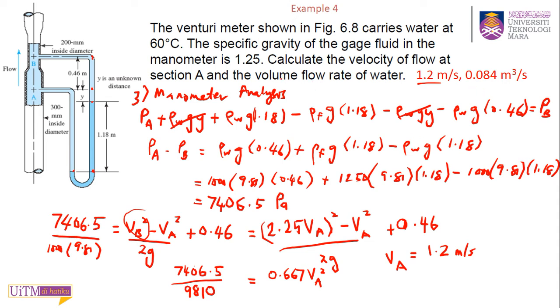Okay, for the second one they ask you to find volume flow rate. So Q dengan, okay, you can use the AA VA. You already have your VA. So AA pi times 0.15 kan, 0.15 squared times VA 1.2.